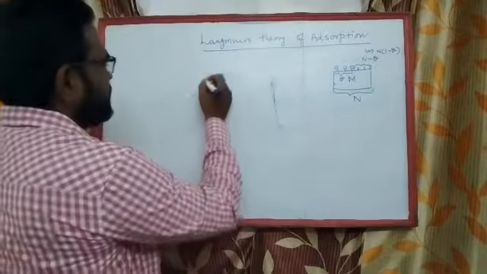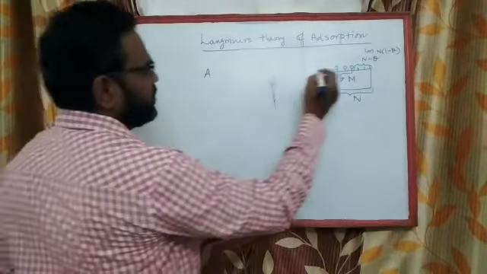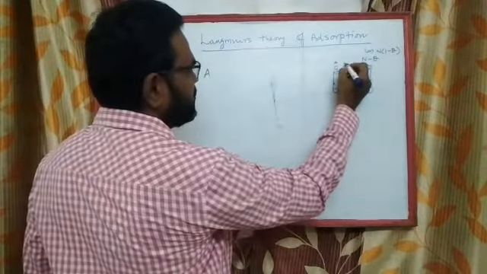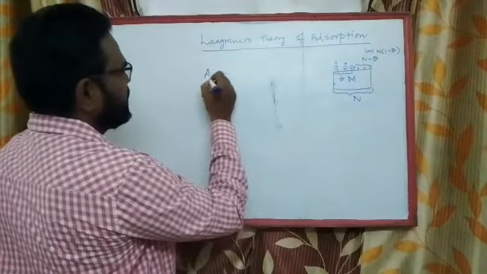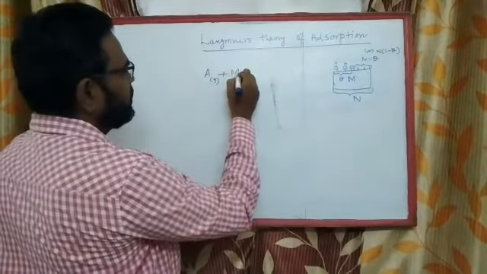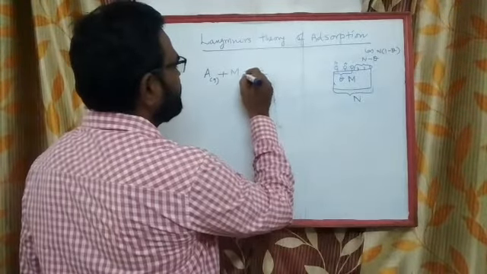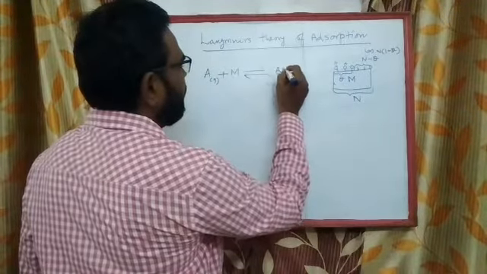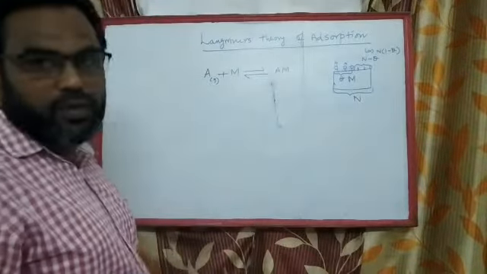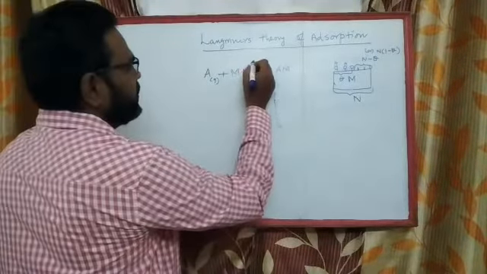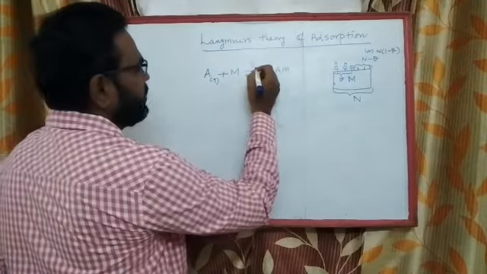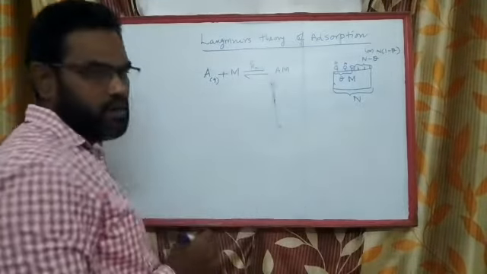So let us say this A is the molecule. I have taken these A, the gaseous molecules, adsorbed on the metal surface. I get AM. And this is the forward reaction, the rate of adsorption.